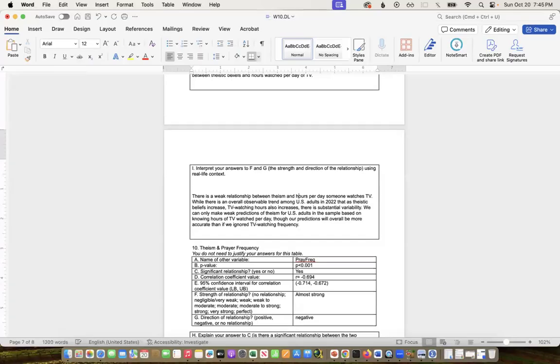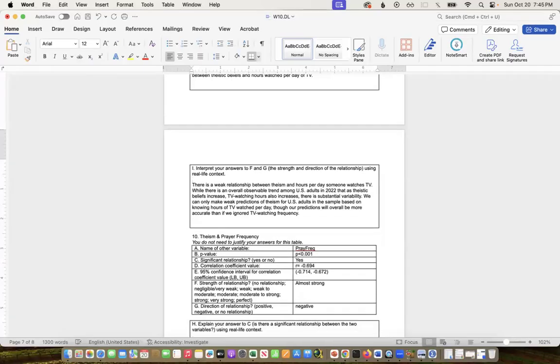So what we're saying here, right, is that people who watch more TV are slightly more theist or slightly more likely to be more theistic, but there's a lot of variation, right? So like if you watch more TV than me, that doesn't necessarily mean you're more theistic than me and vice versa.